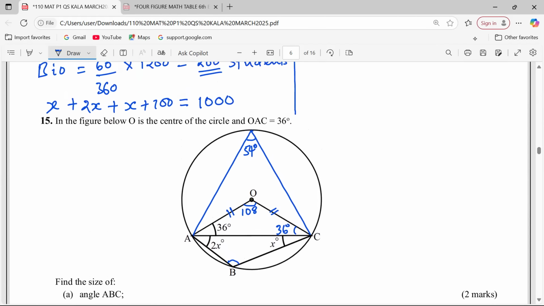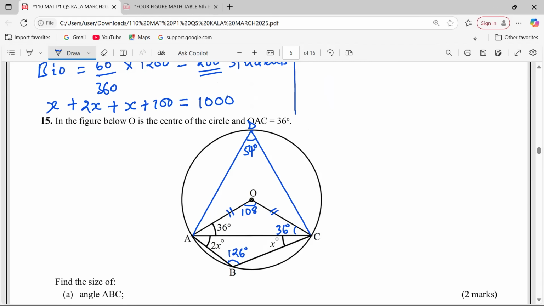That place can be called D. If we call that one point D, then D and B are opposite angles in a cyclic quadrilateral. ABCD is a cyclic quadrilateral. So we can get the opposite angle now, 180 minus 54. So the angle here is 126.